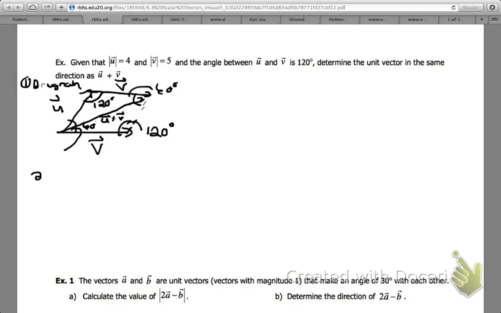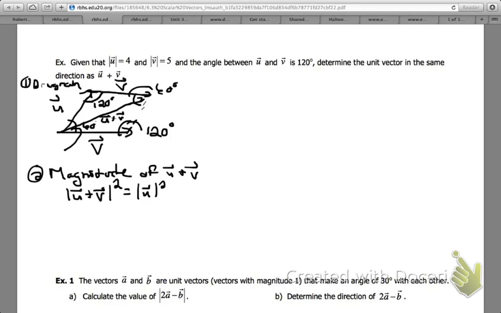Now our second step is to find the magnitude of u plus v. To find the magnitude of u plus v, we're going to use our cosine law. So the magnitude of u plus v squared is equal to the magnitude of u squared plus the magnitude of v squared minus 2 times magnitude of u times the magnitude of v cos theta.